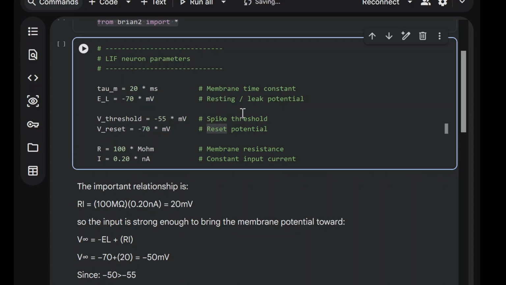These are the same parameters we talked about previously. Basically, it covers our leak term, our input term, the threshold. So we have tau of m, the membrane time constant, set to 20. We have our leak potential, our threshold value, what will happen after the spike, our input. We even have their units.